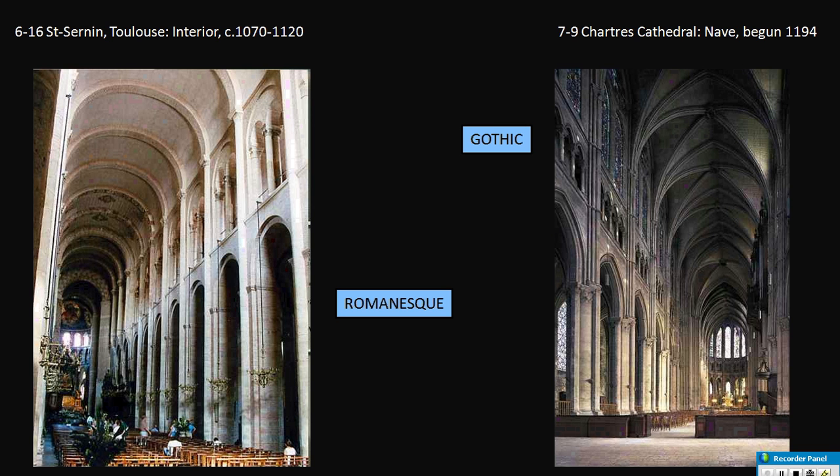What's most obvious in the difference of the two? The points in the arches, exactly. The Romanesque arch is round, and the Gothic arch is indeed pointed, an ogive arch, versus the rounded arch, which is a Roman arch.